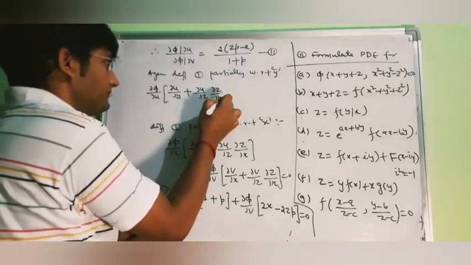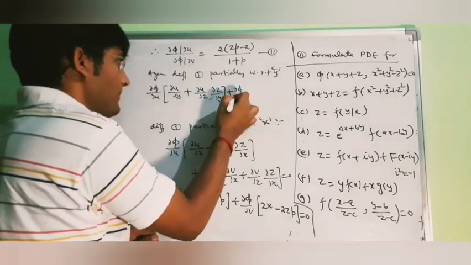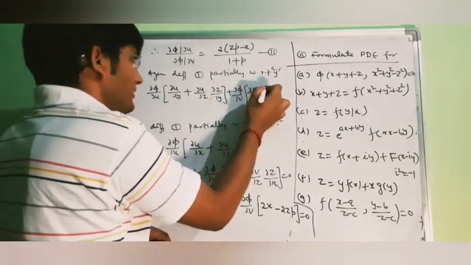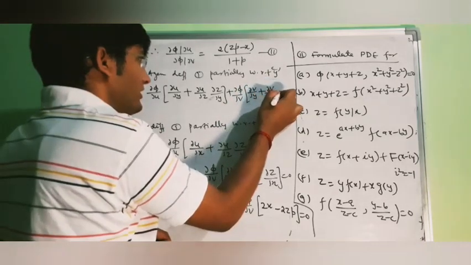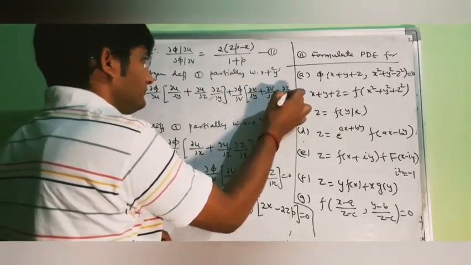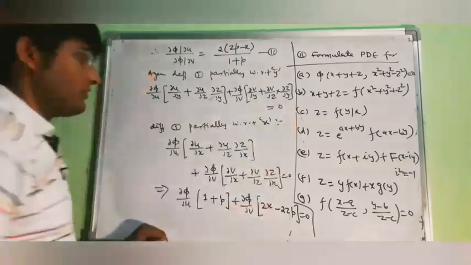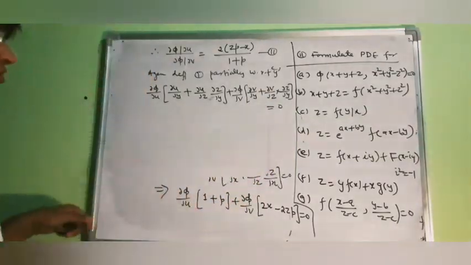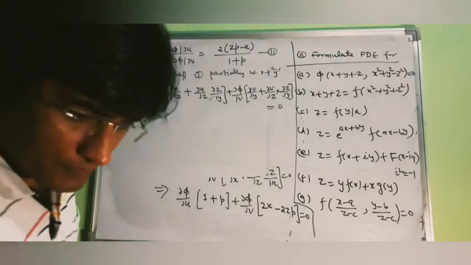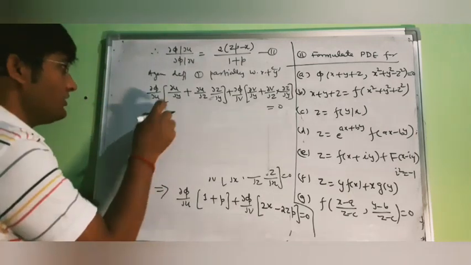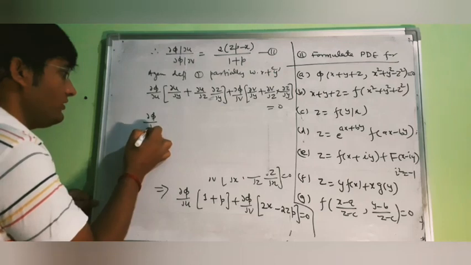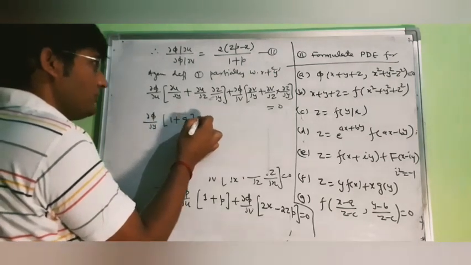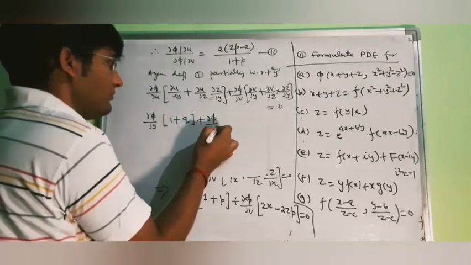Then we will have del phi upon del v, and in the bracket again we will have del v upon del y plus del v upon del z into del z upon del y. This is equal to 0. So as our u was x plus y plus z, this del u upon del y will be 1, and again del u upon del z will be 1, so this is your 1 plus q, and here we will have del v upon del y.